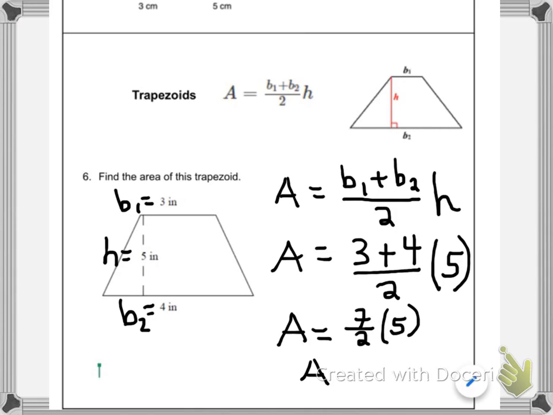So area equals 7 times 5 is 35 divided by 2, which equals 17.5 inches squared. Okay?